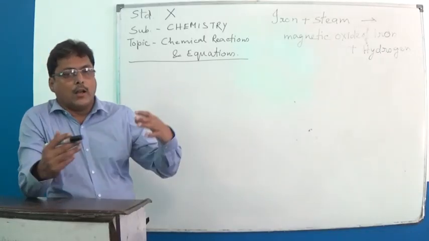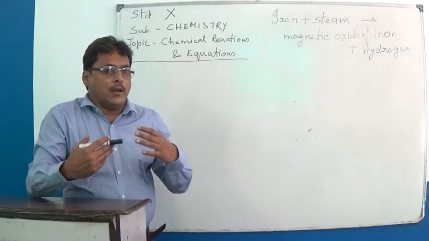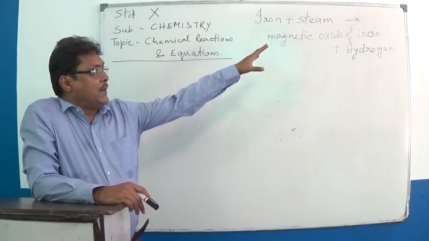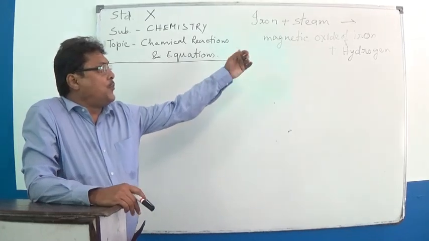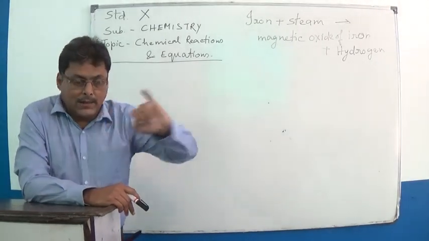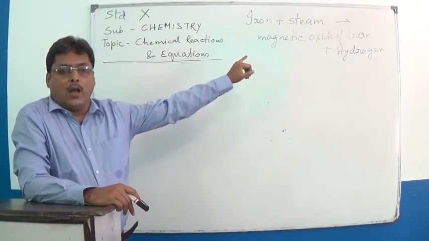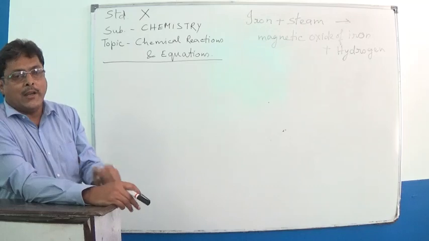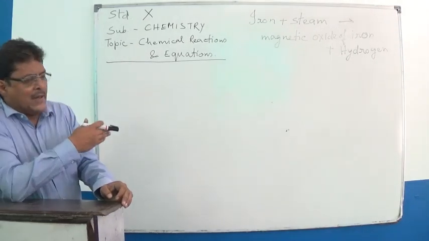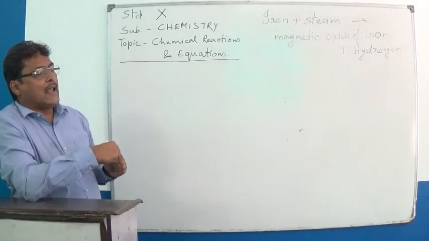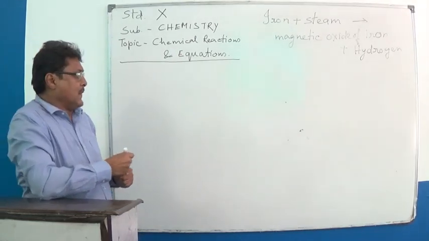Let us look at this reaction. Iron and steam react to produce magnetic oxide of iron and hydrogen. This is the one equation. Before going to the next part, let me mention here, it is not necessary, but you can as well know it, that iron has actually 3 oxides.